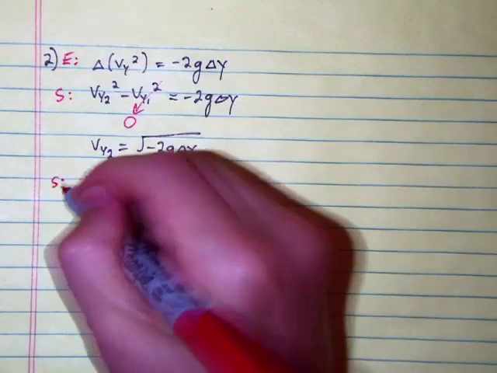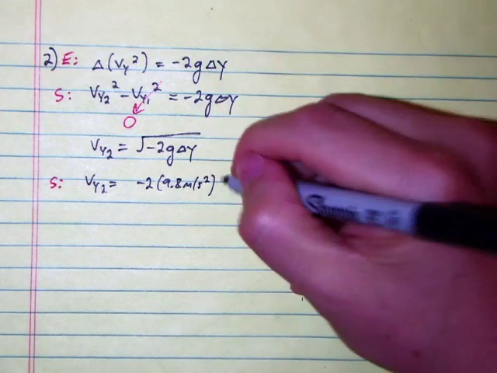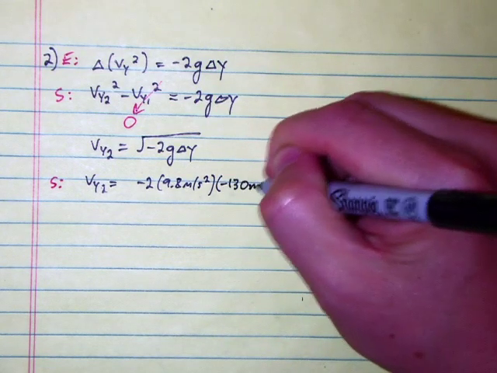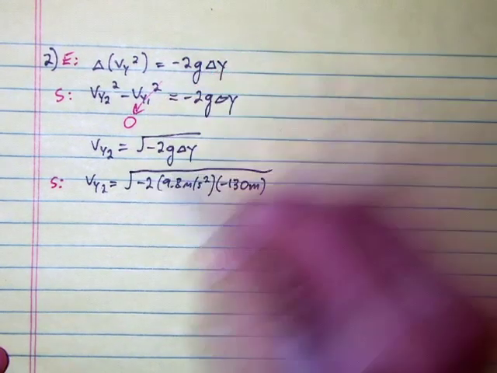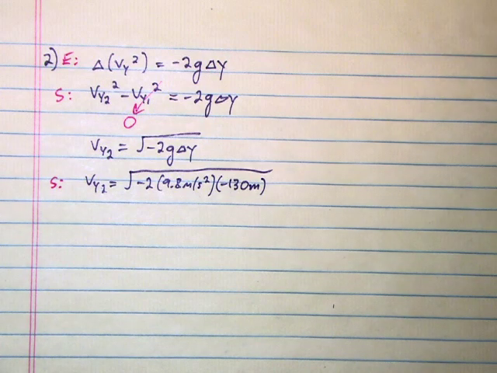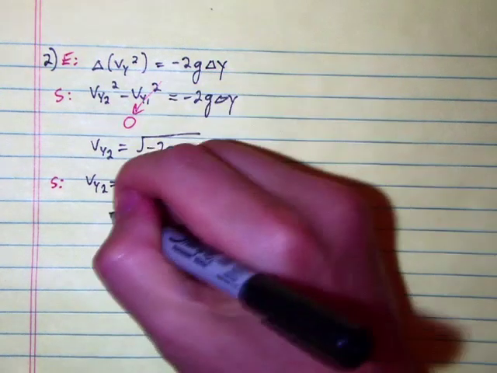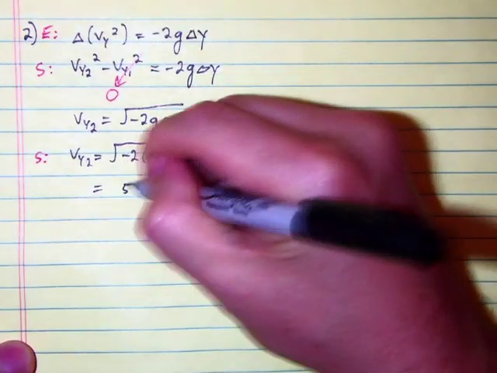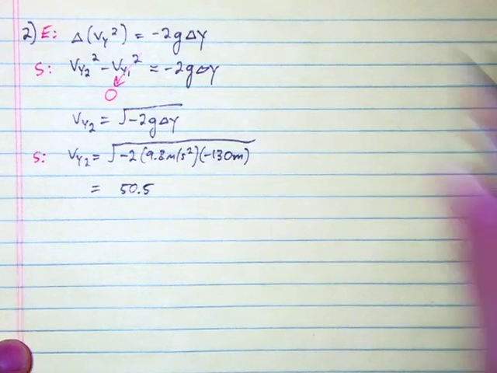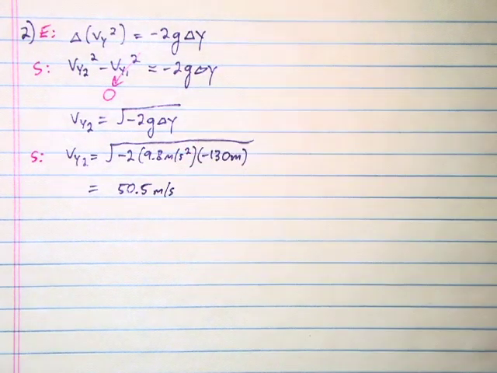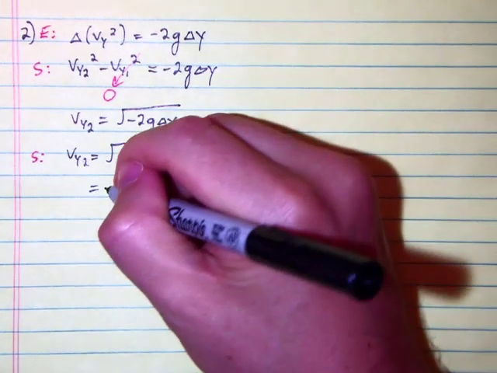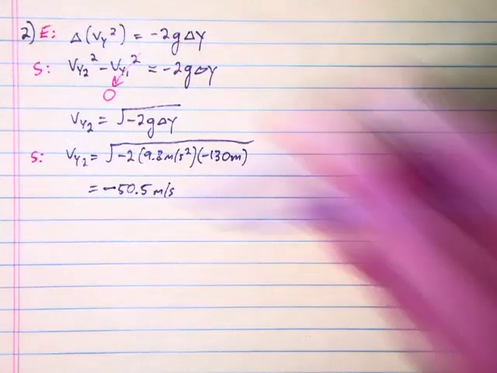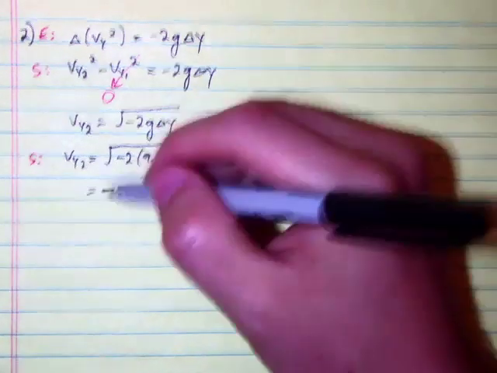This is our substitute step where we're putting the values in, and delta y is the negative 130 meters. That way our negative becomes positive. Square root of all of that gives us 50.5 meters per second. And we know he's going down at that point, so we have to throw on a negative. The y component is negative 50.5 meters per second.